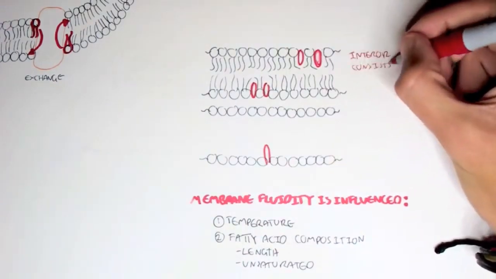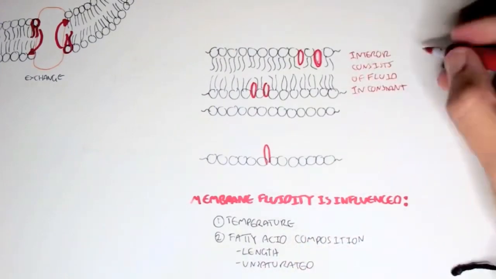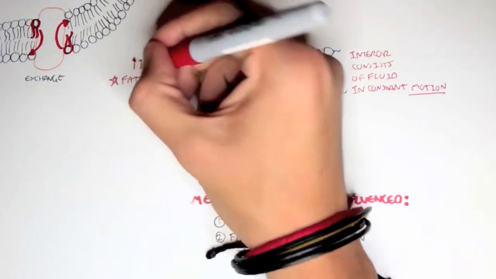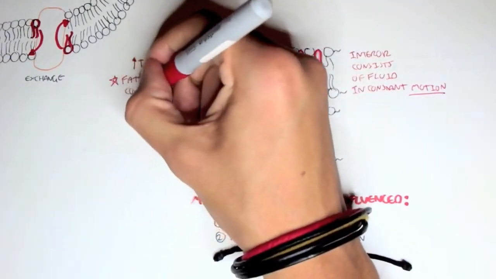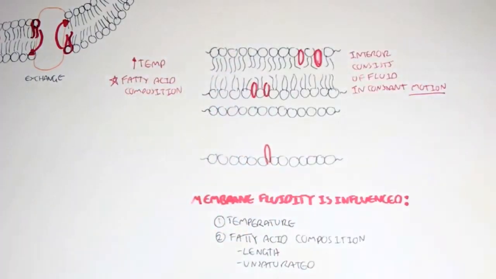The interior consists of some form of fluid and it's in constant motion. So imagine that the fatty acid chain is just moving within the bilayer. And this is also enhanced with increased temperature. Also, an important feature is the fatty acid composition, because unsaturated fatty acids are more flexible because they melt quicker than saturated fatty acids.